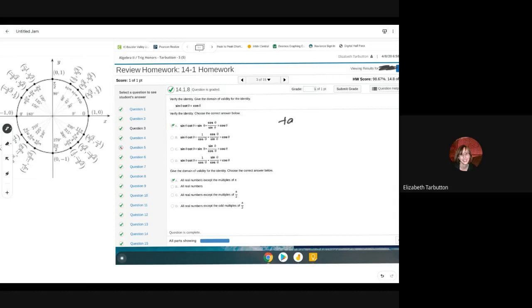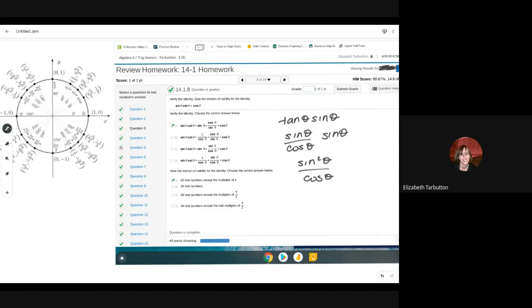tangent theta times sine theta, for example, or if I asked you to identify the domain of validity for that. Well, we can substitute in sine theta over cosine theta for our tangent. And then to simplify this, we could get something like sine squared theta over cosine theta.